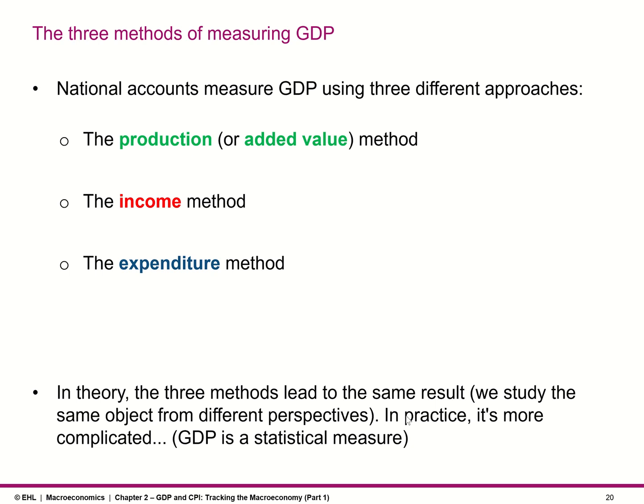Well, actually, in practice, it's not so easy to get the same result because GDP is a statistical measure. It's not as easy as when you observe the economic circuit, and you just have to add all the values. Here you have to estimate. In real life, you have to estimate the expenditures, the profits, the added value. And in the end, you would not get the exact same result for the three methods, but then the statistical offices around the world adjust these results so that they match.